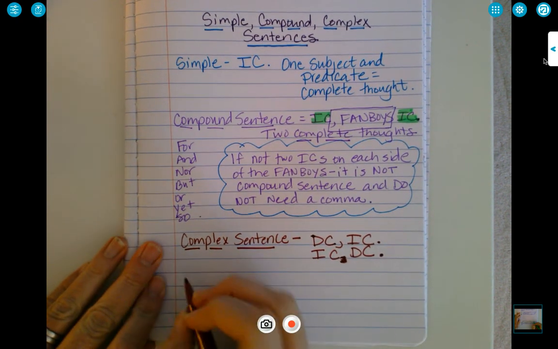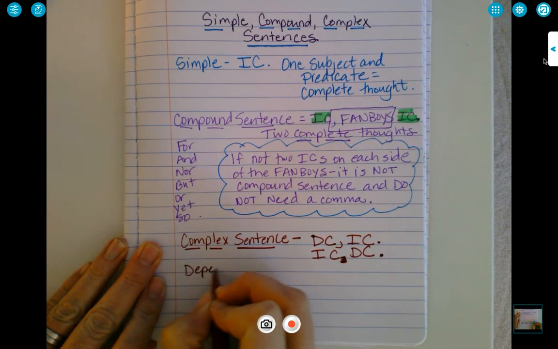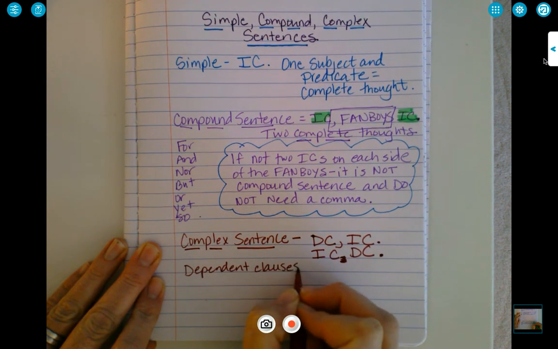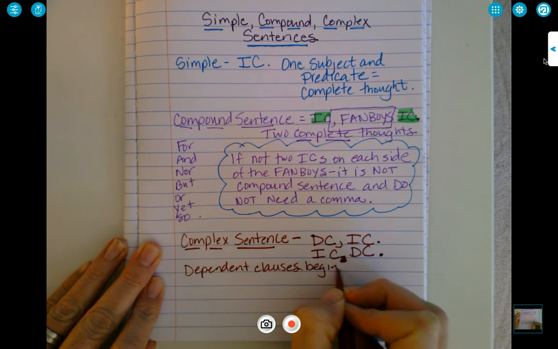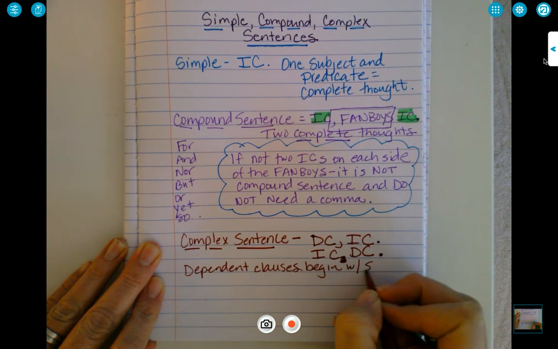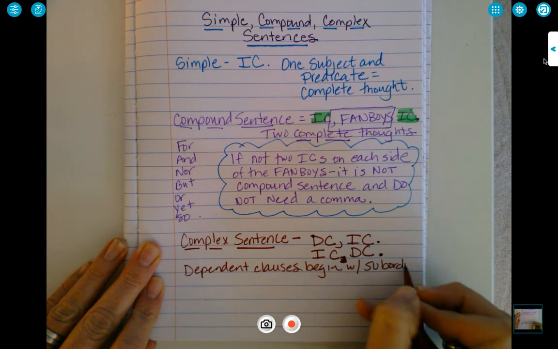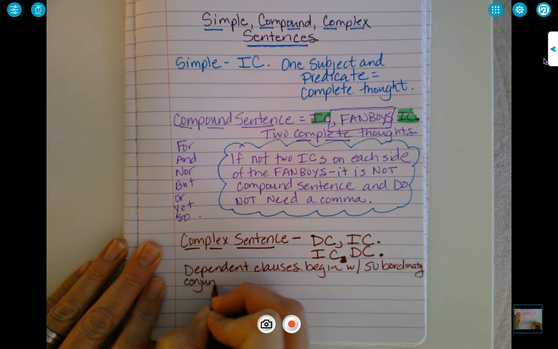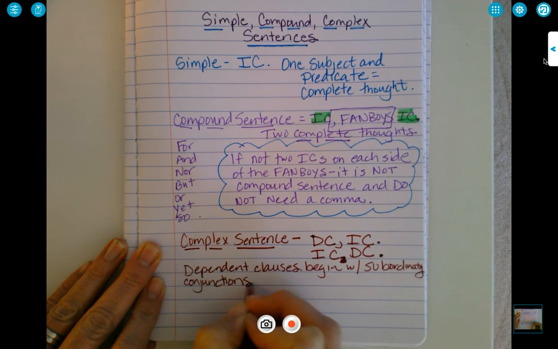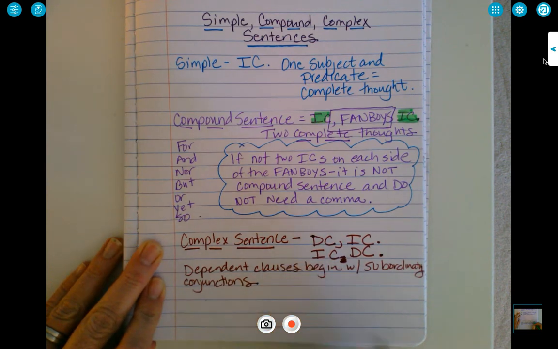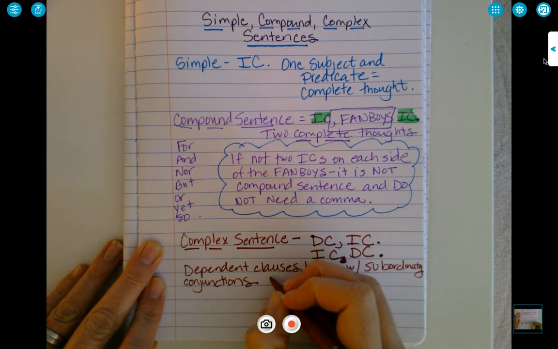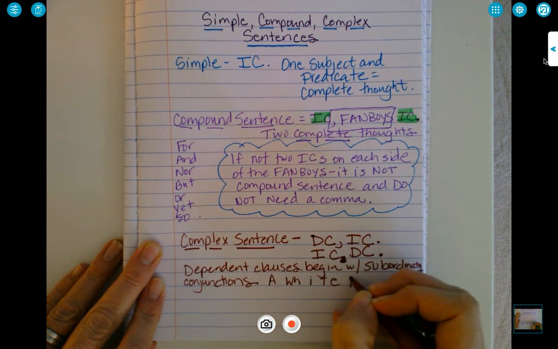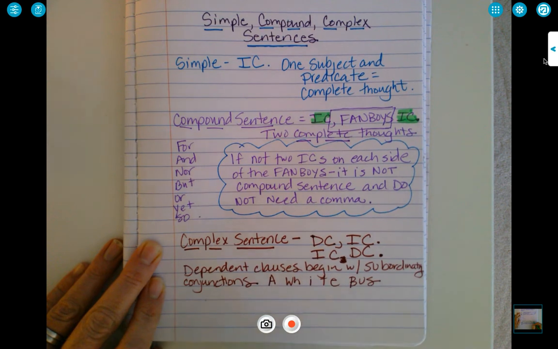So remember that dependent clauses begin with subordinating conjunctions. And you can look back at your notes to where we wrote all of the subordinating conjunctions down, and you did an IXL about subordinating conjunctions, but we remember them with a white bus or a WUBUS.